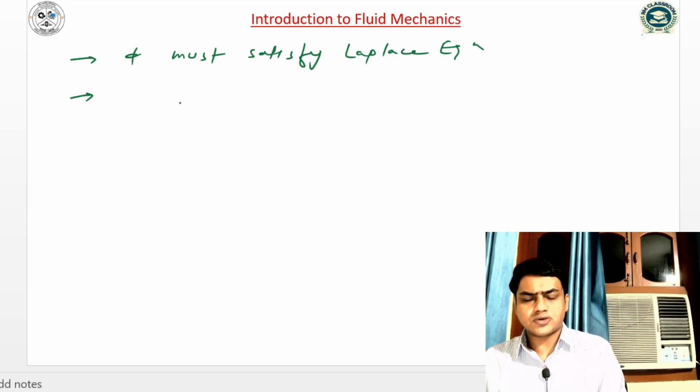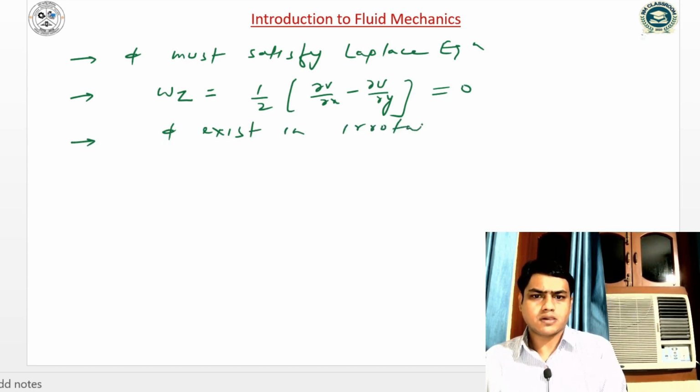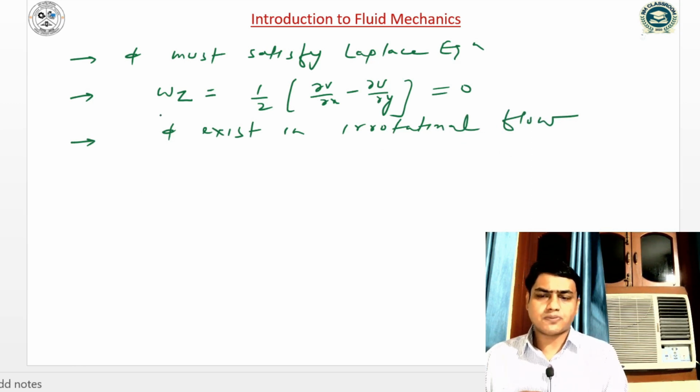Similarly, if I check the rotational component, if you compute the value of omega z, that is 1 by 2 into (del v by del x minus del u by del y), you will get the value of 0, meaning phi exists in irrotational flow. So these are the facts we have discussed. After that, I have discussed the equipotential line, the line joining the points having the same value of phi.